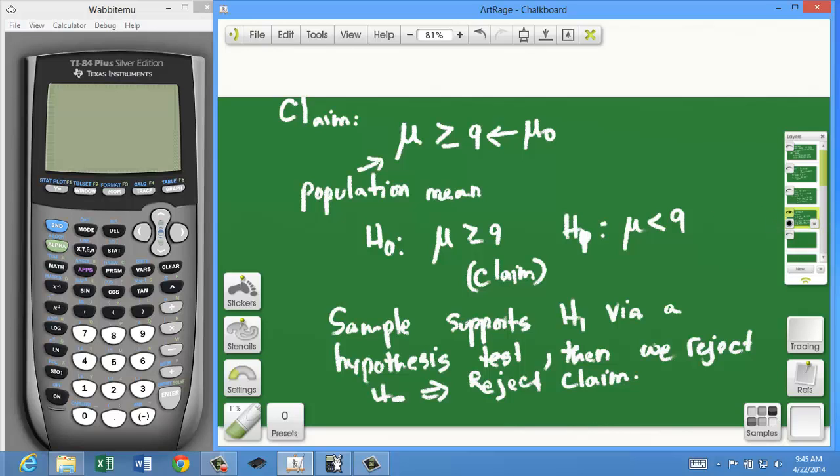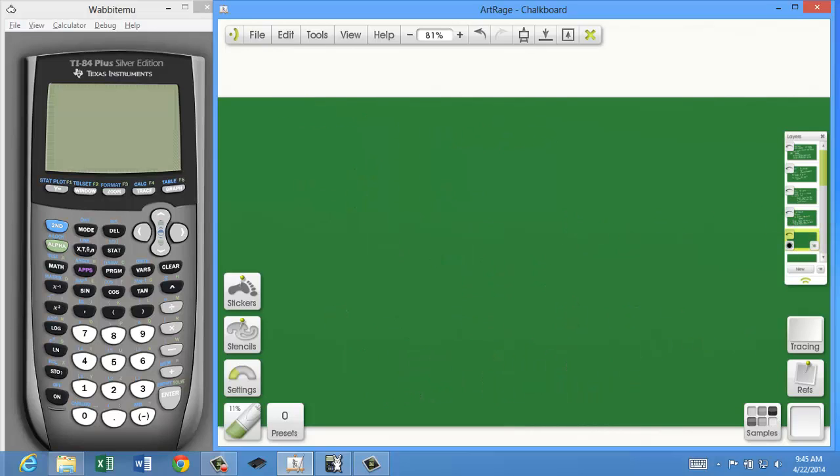So in summary, we have a parameter and we'd like to verify the claim made about the parameter using a sample via a hypothesis test. In doing so, we have come up with three scenarios. One is mu equals mu naught versus the alternative mu not equal to mu naught.